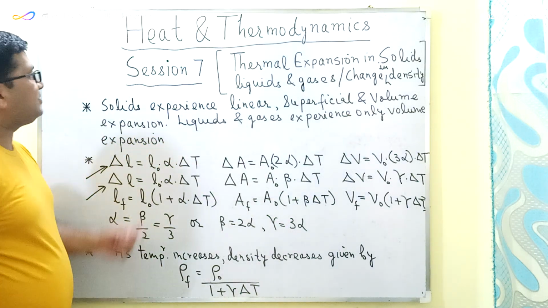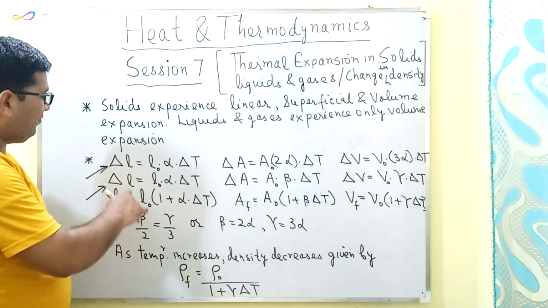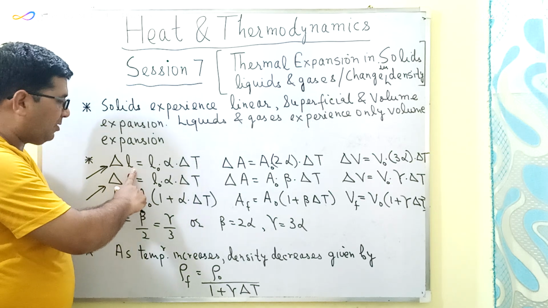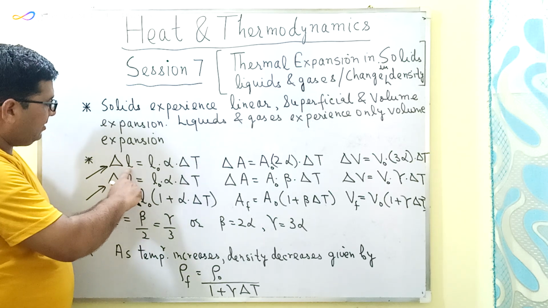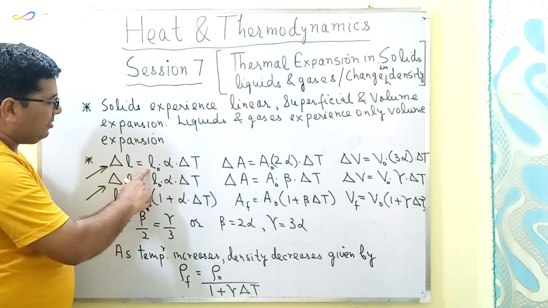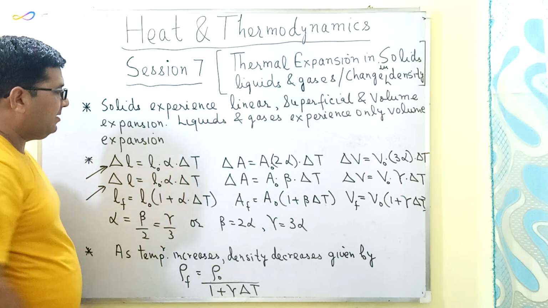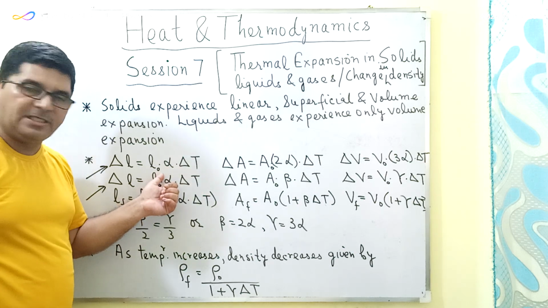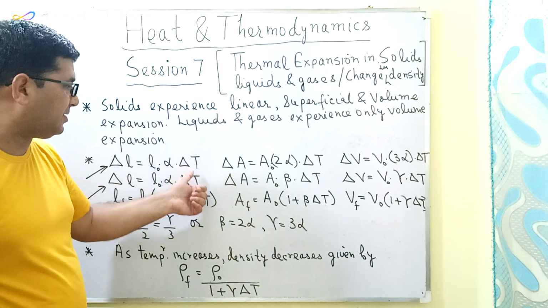Now, in session number 5, we have seen that the change in the length of a solid object is given by delta L is equal to L naught alpha delta T, where alpha is the coefficient of linear expansion, L naught is the original length and delta T is the change in the temperature.